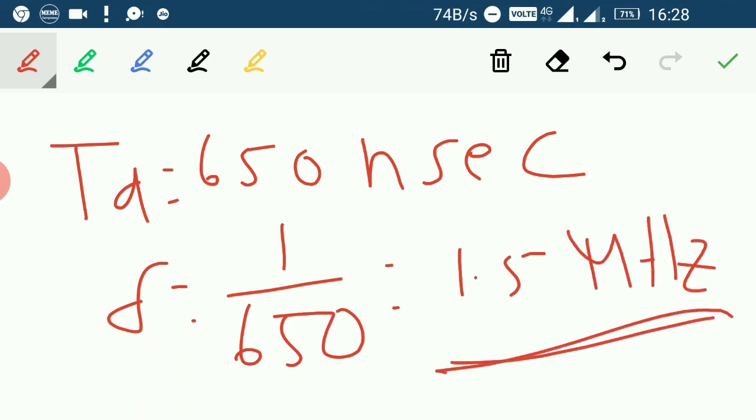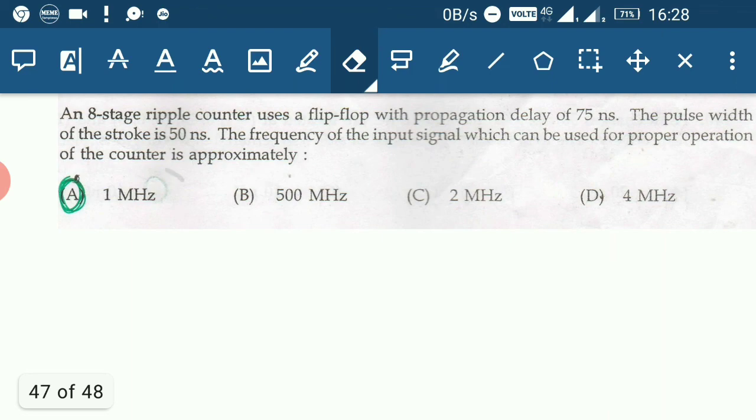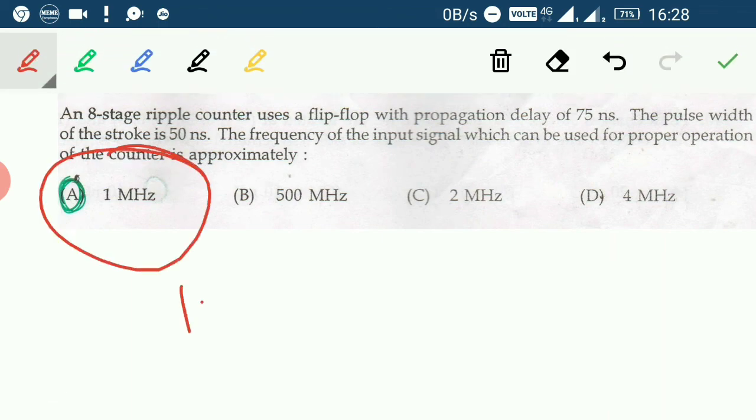So the answer is 1.5 megahertz. So it is not 1, it should be 1.5 megahertz, right? So option A is the right answer. I think there is a problem with the question, the exact answer should be 1.5 megahertz.